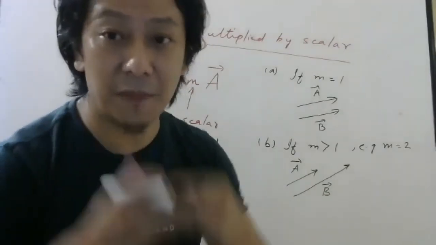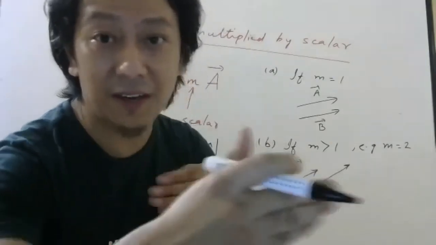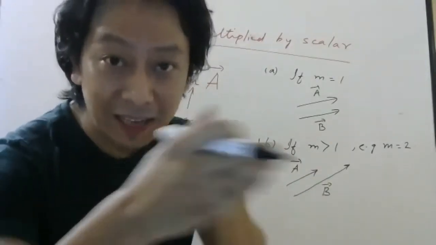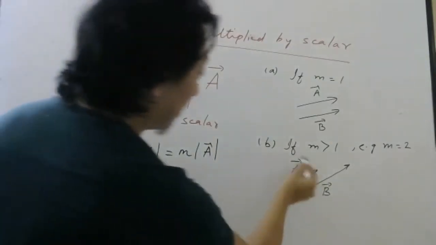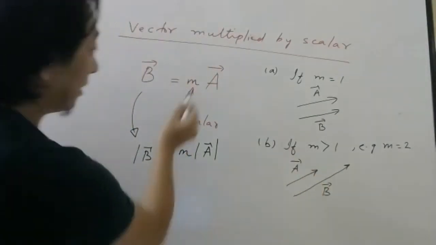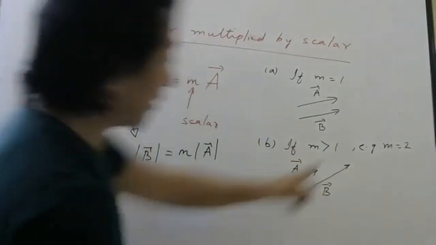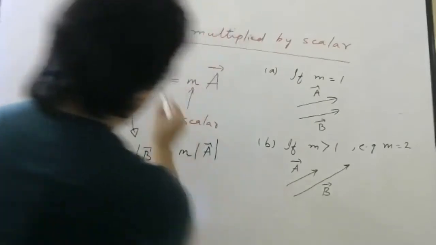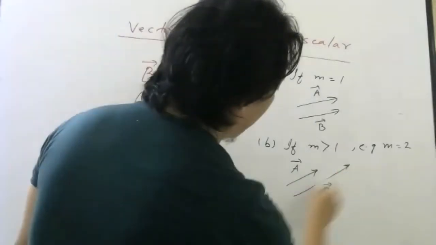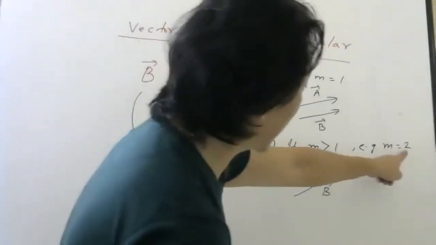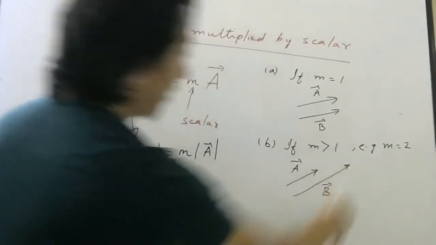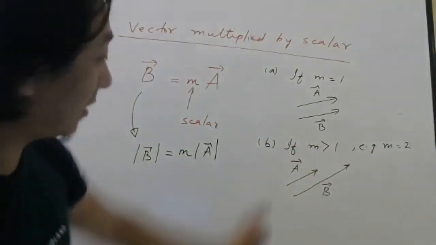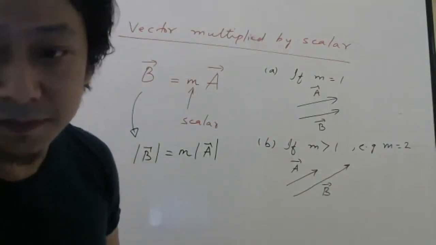Again, don't forget, magnitude means the length of the vector. In the diagram, it means the length of the vector. So if this is your A bar, and you multiply with M greater than 1, this vector will become longer. If it is exactly 2, it will become double. Understood or not? Till here it is clear or not clear?